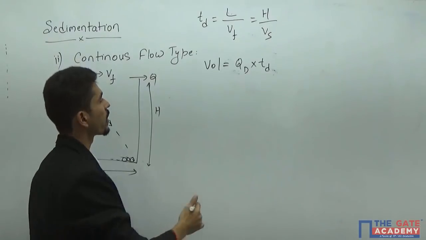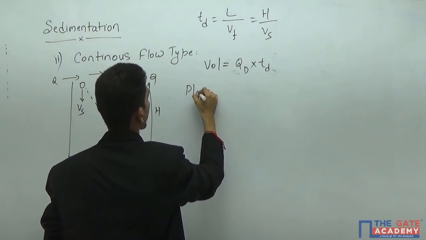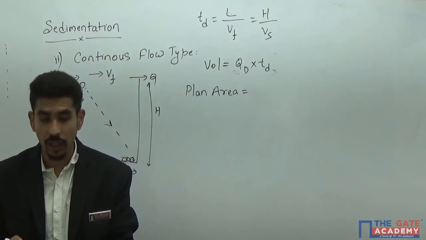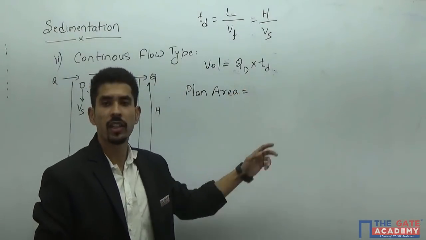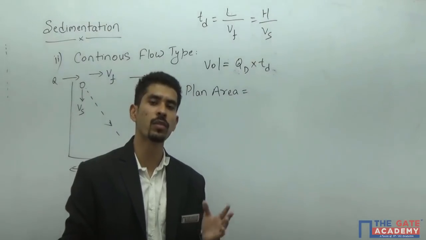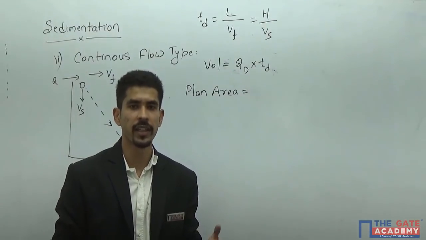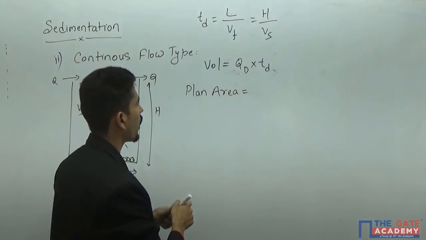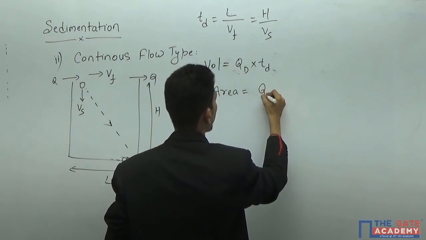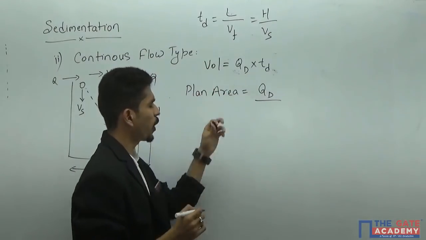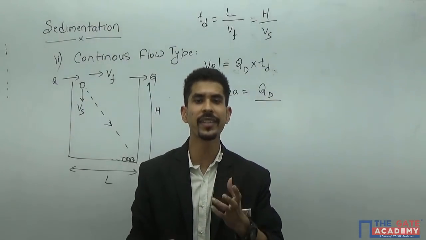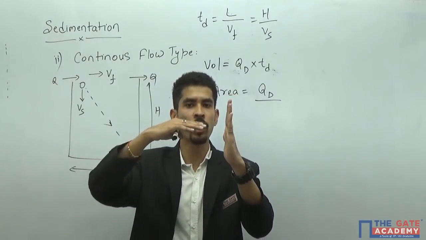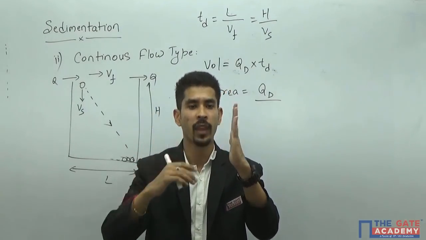Next we can come to plan area. We know that discharge Q is equal to area into velocity. The discharge is going to remain the same, that is Qd divided by velocity. When we write this expression Q is equal to area into velocity, the velocity is always perpendicular to the area.